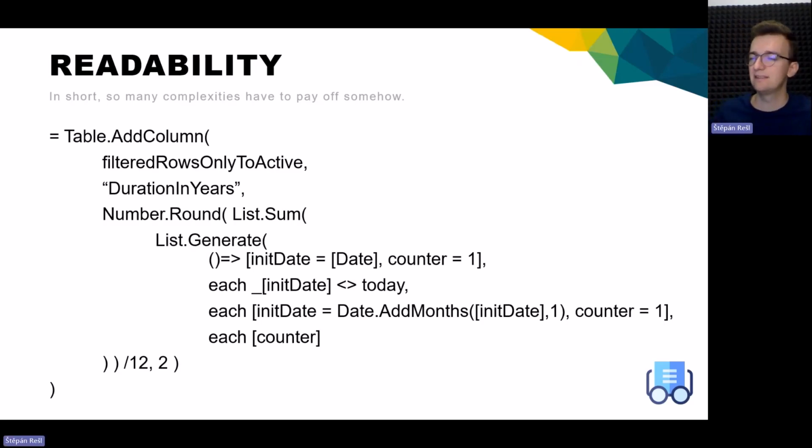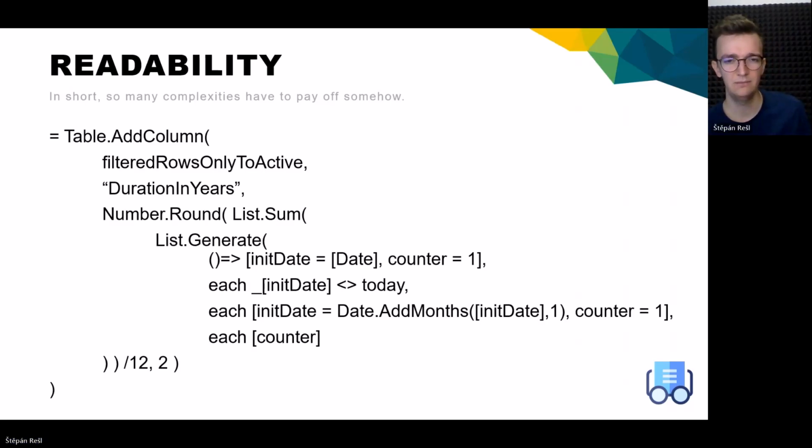And we have here some wild function that actually uses List.Generate to add months to some date, until it's the same as today. And for that, it also creates a counter. Then it sums all the counters, so by ones, and divides by 12 to have some approximation close to the year, rounding to two.